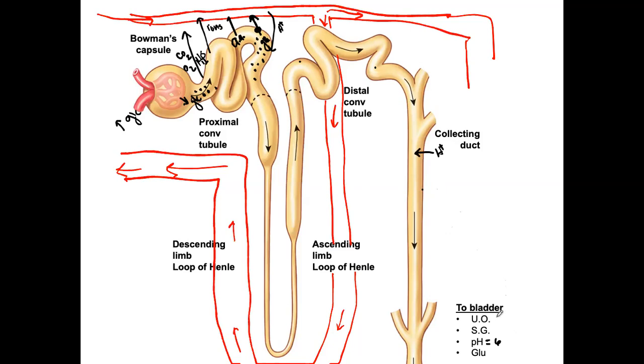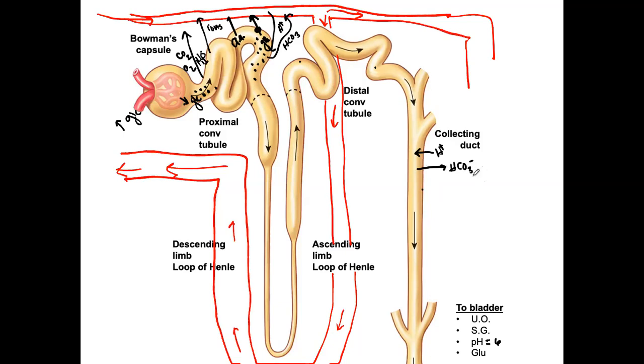You're actually reabsorbing bicarbonate here, HCO3. So this goes with the proximal convoluted tubule. And you are synthesizing bicarbonate here. You're not reabsorbing it, you're actually synthesizing it. So the kidney makes or synthesizes bicarbonate.